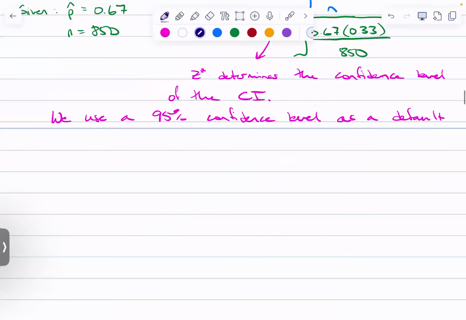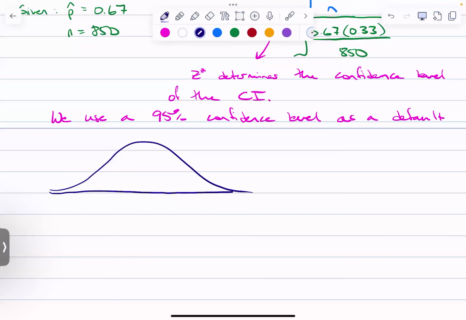So what is this thing? Well, it's the thing that's relying heavily on the normal distribution. So I've got p hat in the center because that's our best guess at p, which is the true center of the normal distribution.